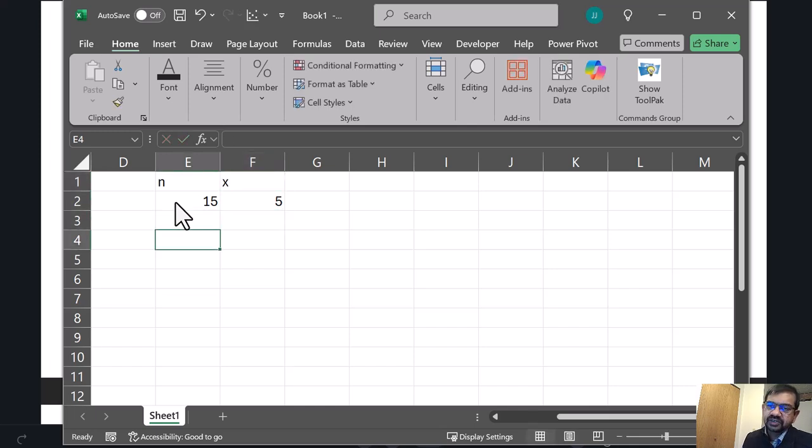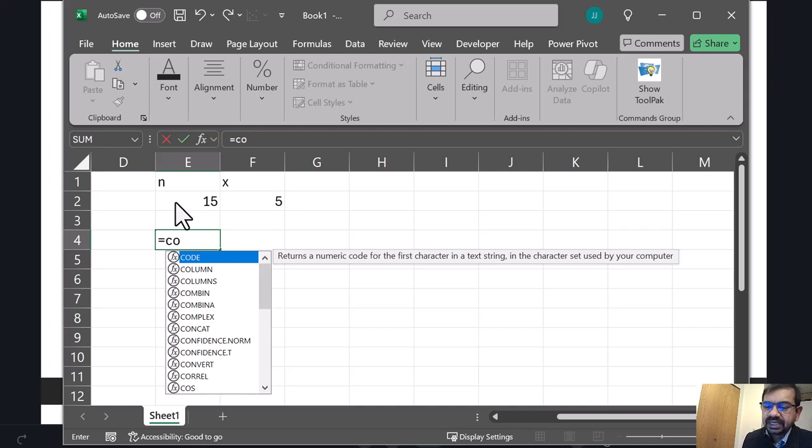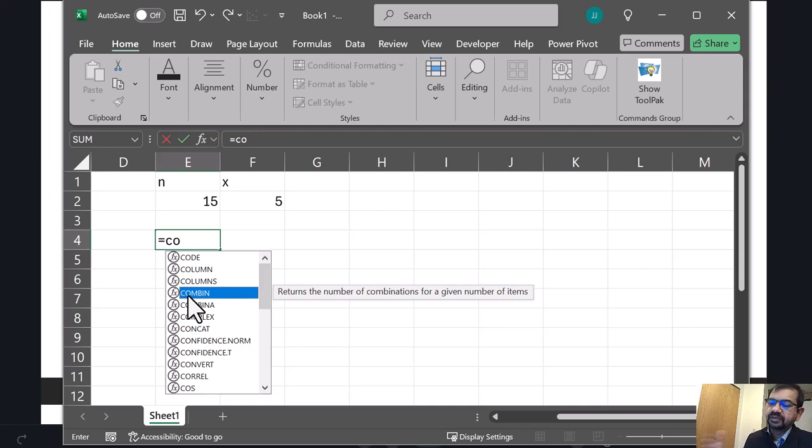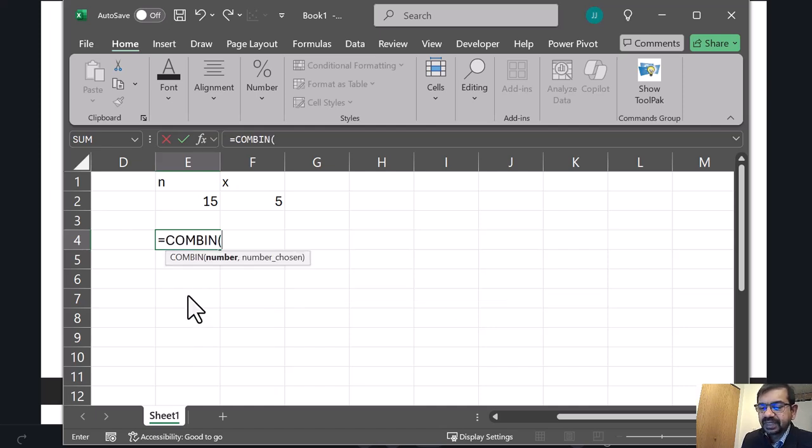So first, let's look at combination. Let's say I want to draw a group of 5 objects from a collection of 15. How many groupings can we have? How many combinations can we get? So the function for this is COMBIN. It returns the number of combinations for a given number of items. The first argument in this function is the number, which is n. And then the second argument is the number of items we are drawing.